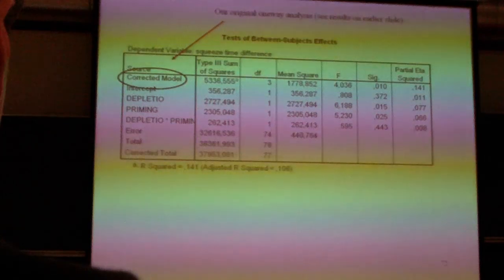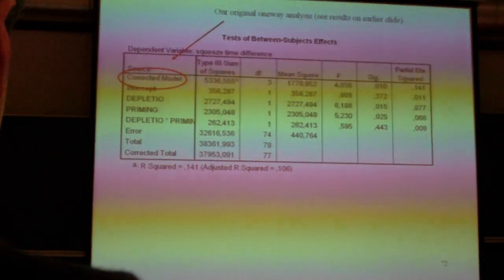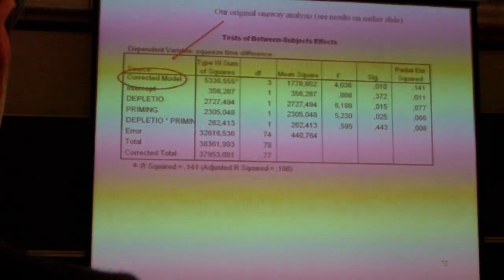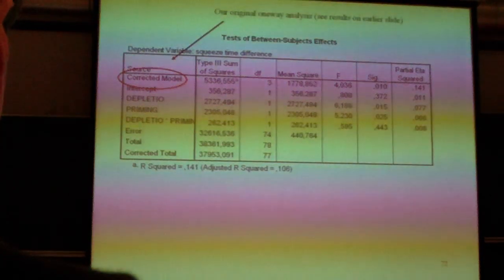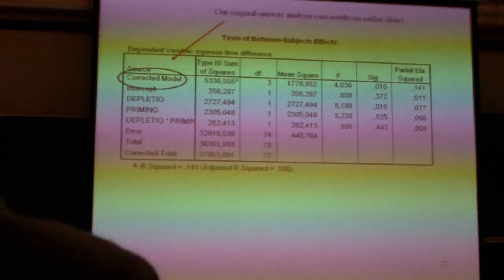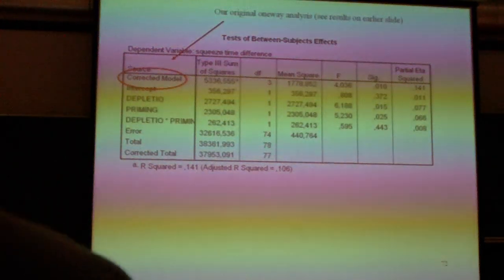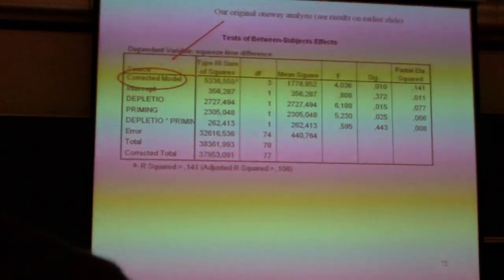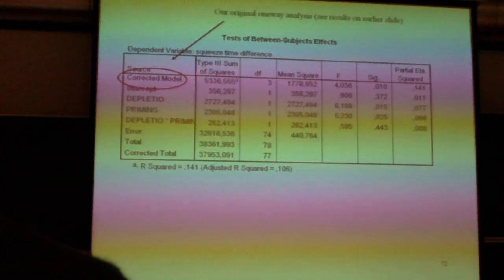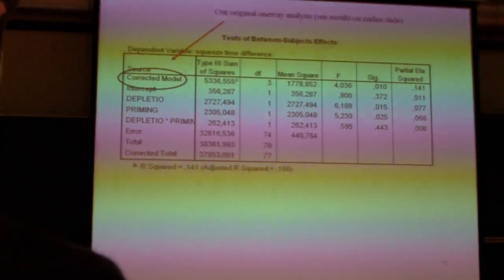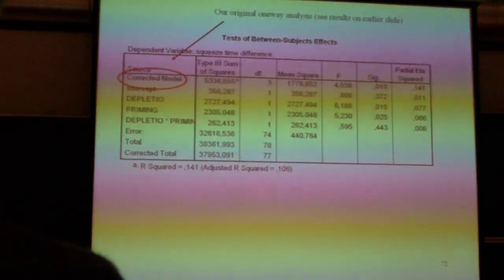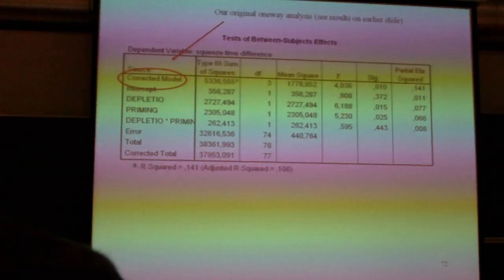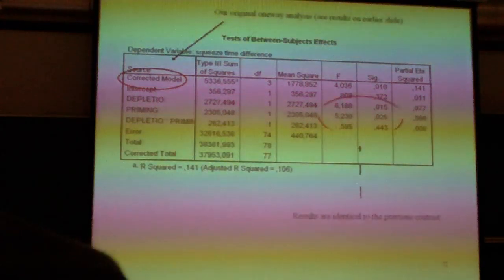When we did the one-way analysis of variance, we were simply trying to see whether the four groups differ from each other. We did not truly distinguish difficulty, priming, and interaction. We simply had these four groups and tried to find out whether or not they differed. And the one-way analysis of variance that we did is in fact reproduced over here. So corrected model gives the results for all effects taken together, the two main effects and the interaction effect.